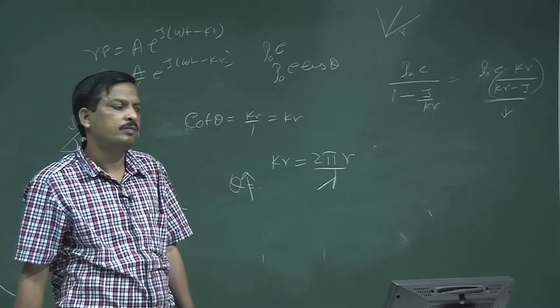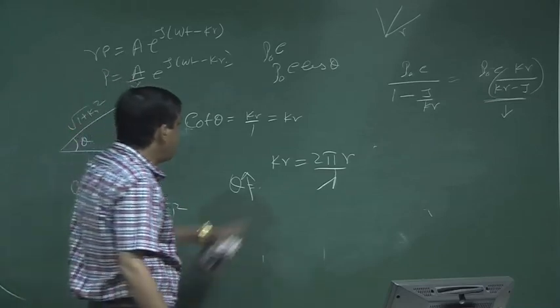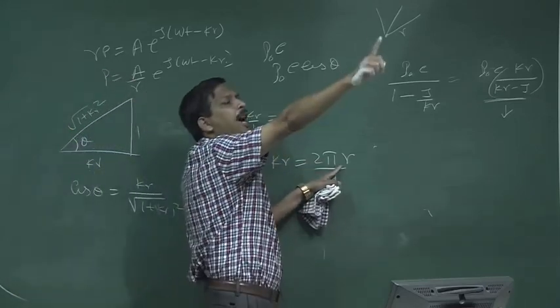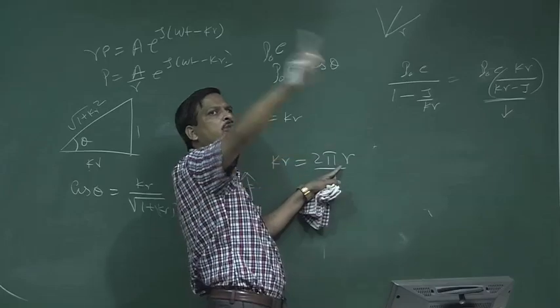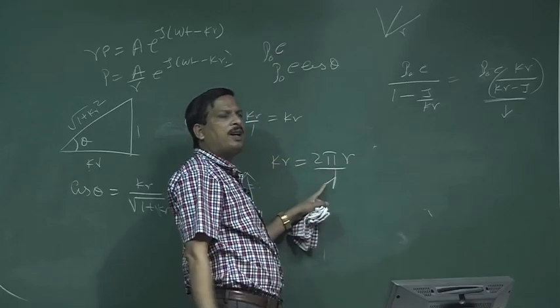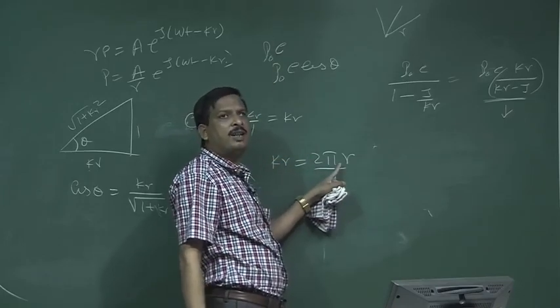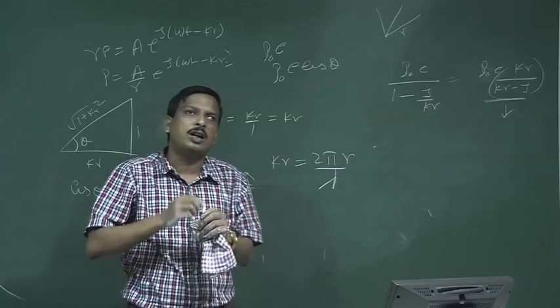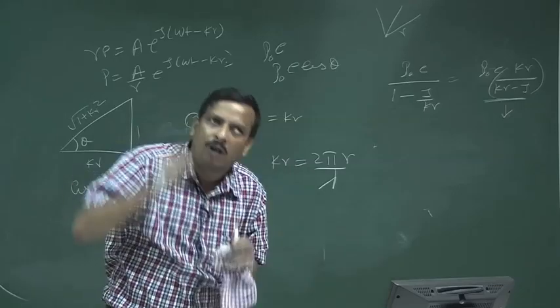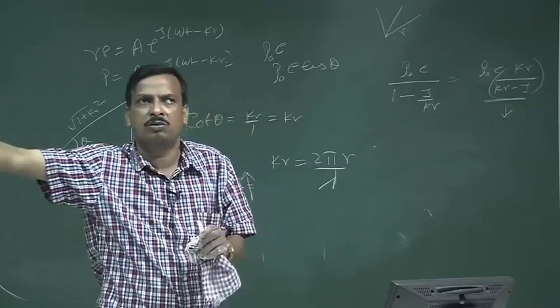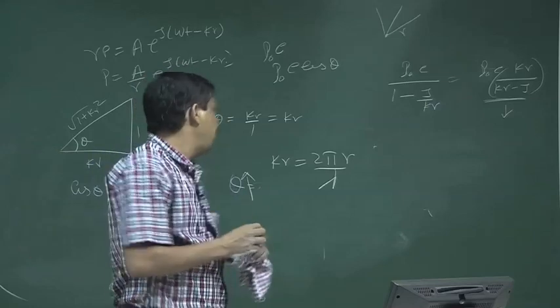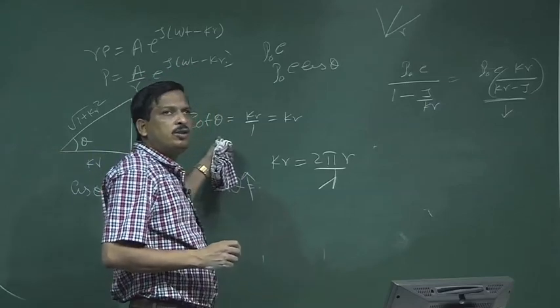Now, if the distance from the source is very far away, r is very large compared to lambda, that means the acoustic wave has travelled far away from the source. In that case, theta will be very small because of cot theta.